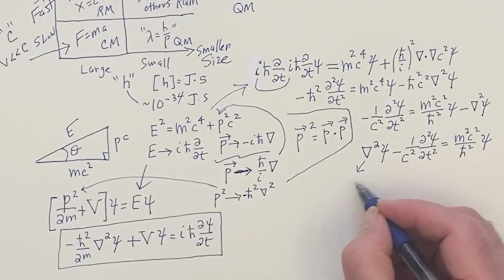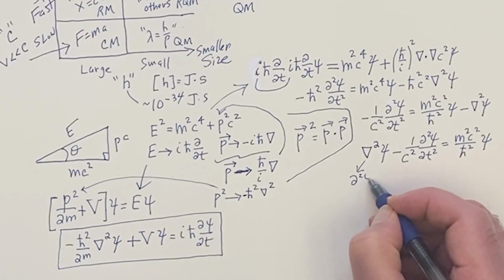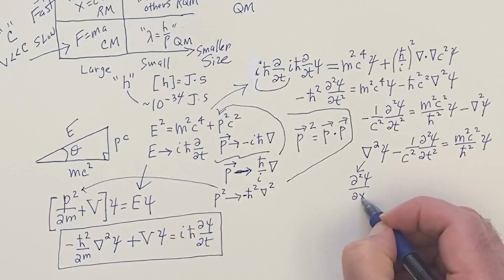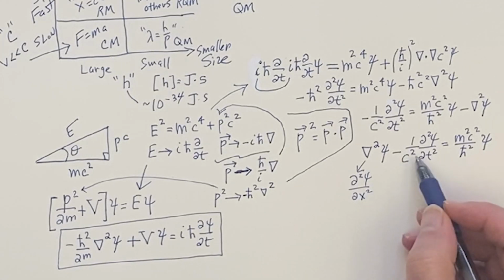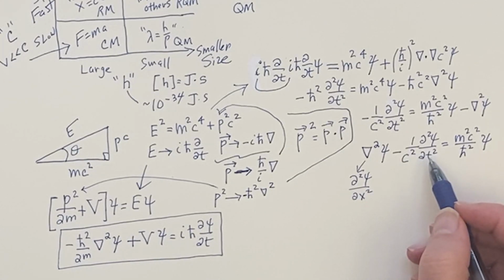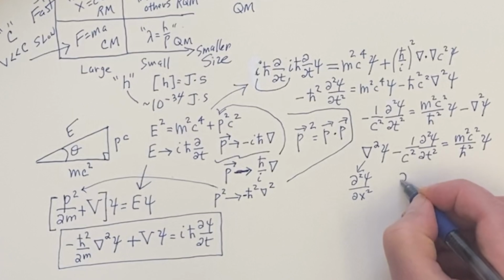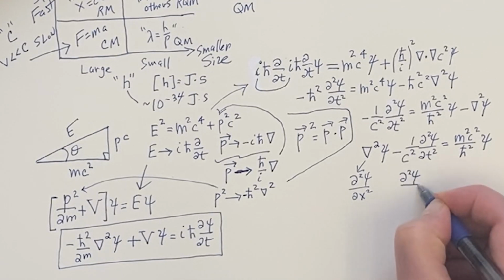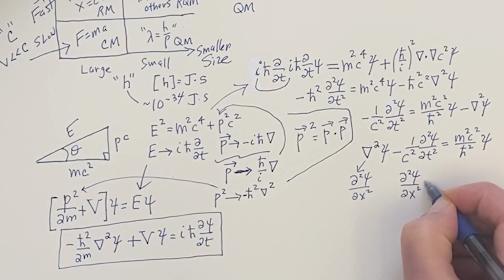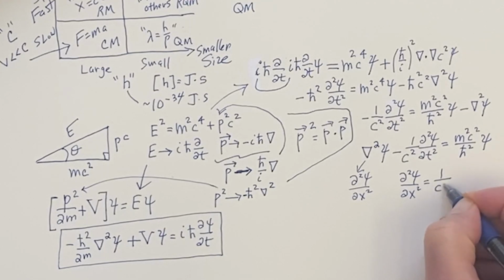And remember, like in one dimension, you would have this. So here you can see this is quite similar to our wave equation. Remember our classical wave equation, we had this equals 1 over c squared.